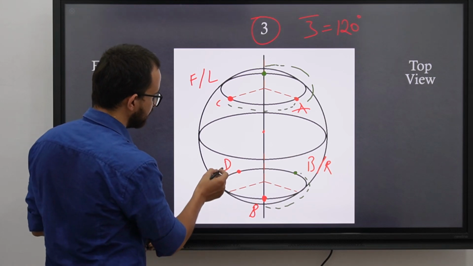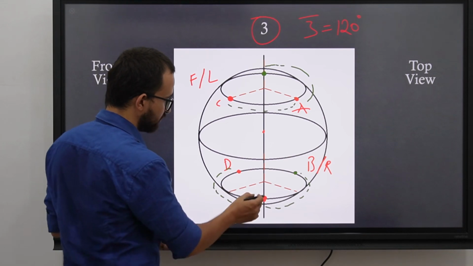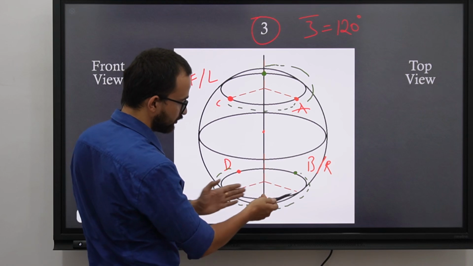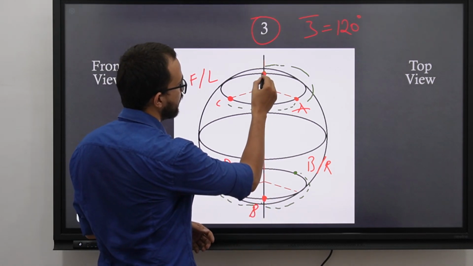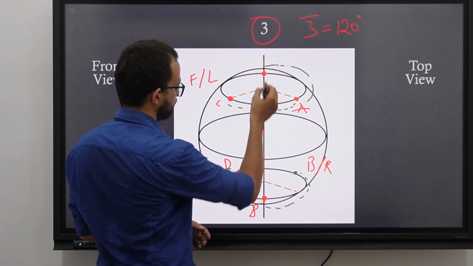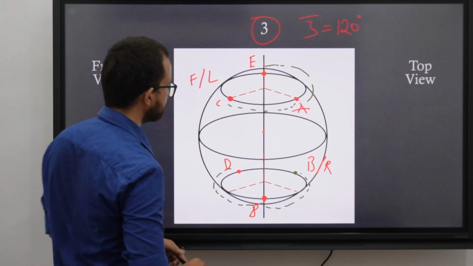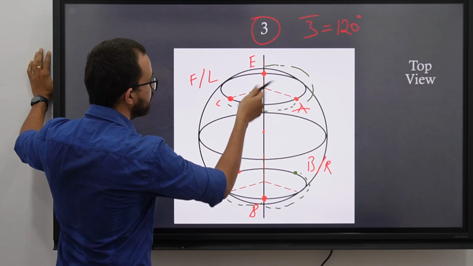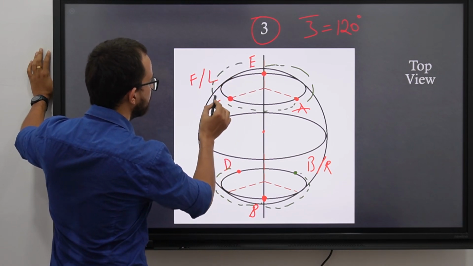What you do is that you do another 120 degree rotation, you get to this point and then you do an inversion because you are at the front. The inversion point takes you at the back. So this is E. Now from E you do another 120 degree rotation.